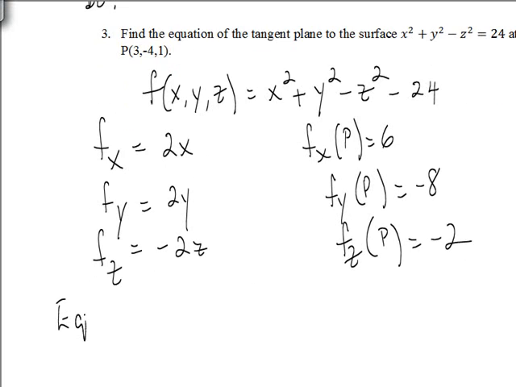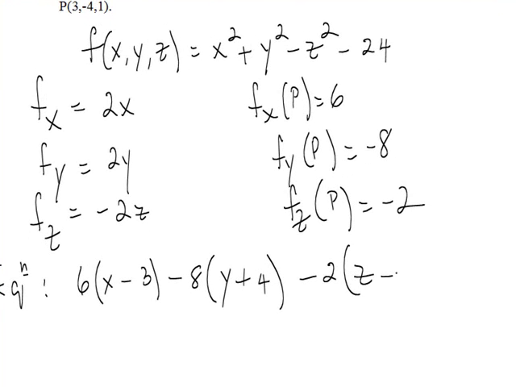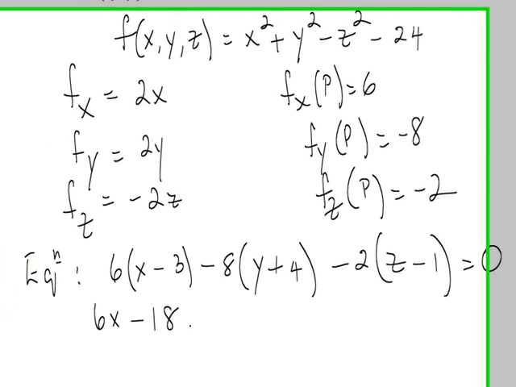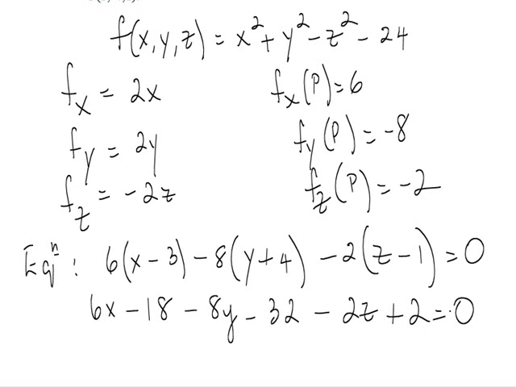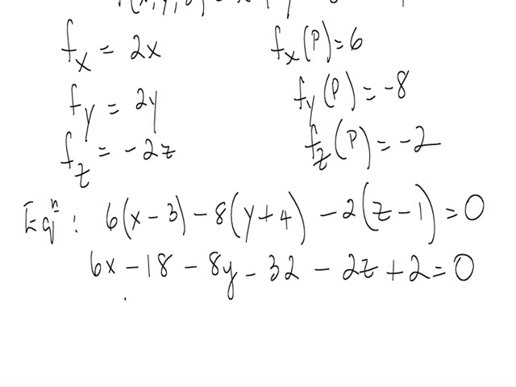The equation: 6 times (x minus 3) minus 8 times (y plus 4) minus 2 times (z minus 1) is 0. 6x minus 18 minus 8y minus 32 minus 2z plus 2 is 0. 6x minus 8y minus 2z is equal to, what's that? 48. 48?